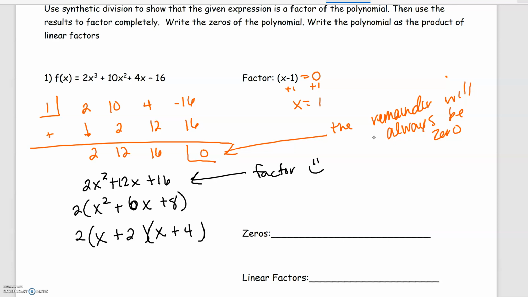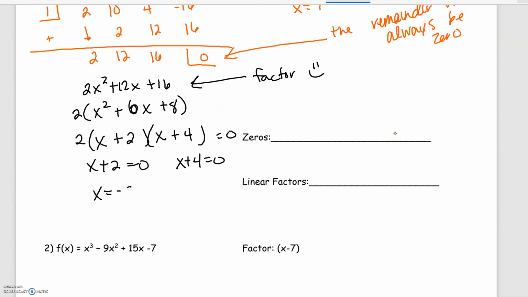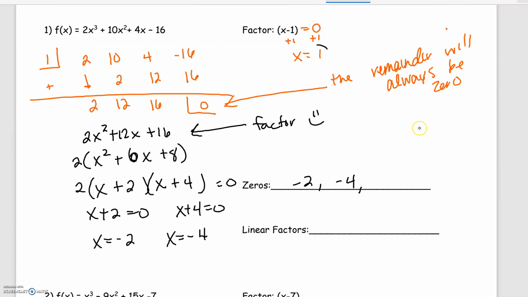And then I'm going to set each of those factors equal to 0, x plus 2 equal to 0, and x plus 4 equal to 0. So I know that x is equal to -2, x is equal to -4. So these are my zeros, -2, -4, and then don't forget the one up here that we started with, 1.